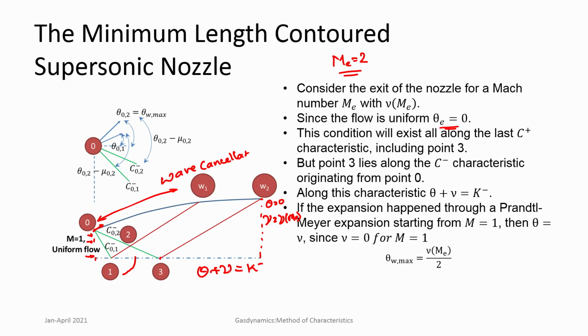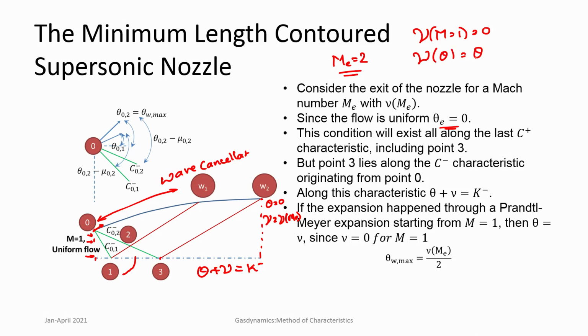The expansion is happening through a Prandtl-Meyer expansion, and the angle of turn it gets is at a certain value theta. If the initial flow is Mach number equal to 1, then we know that nu of Mach number equal to 1 is 0. Therefore, nu that is due to the flow turn of theta should be equal to theta itself.